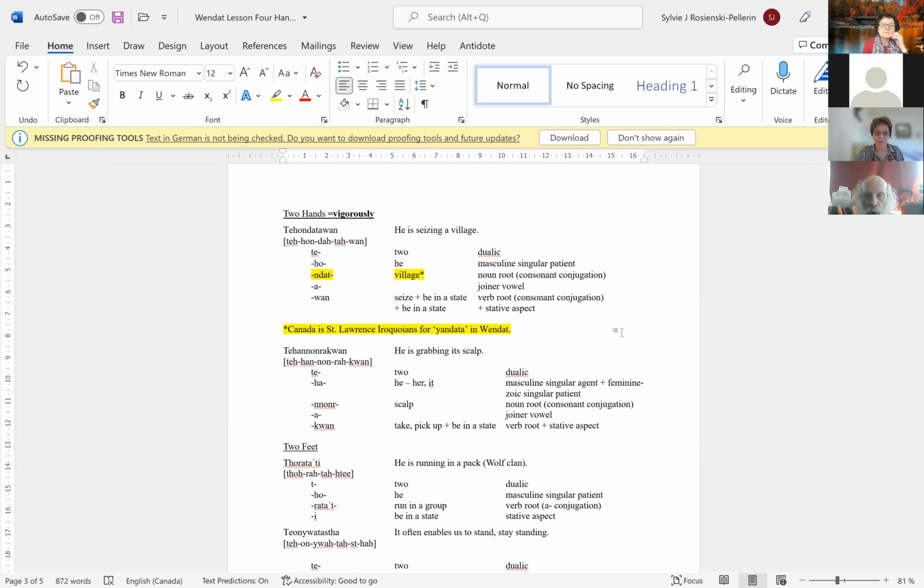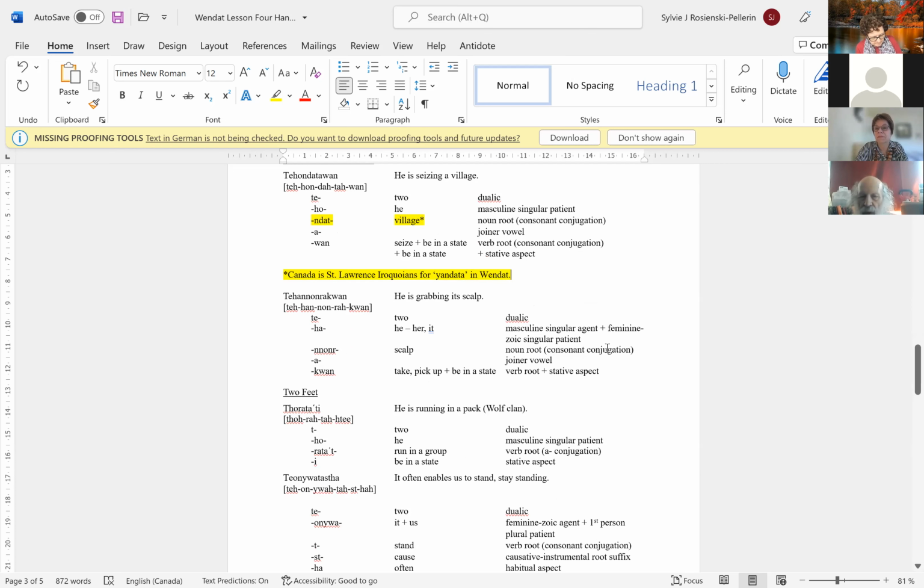What I really enjoyed discovering was in Gabriel Sagard's dictionary that there were St. Lawrence Iroquoian words as well as Wendat words in there. He knew there were dialects. He said that right in the beginning of writing his dictionary. But he didn't know that it included St. Lawrence Iroquoian.